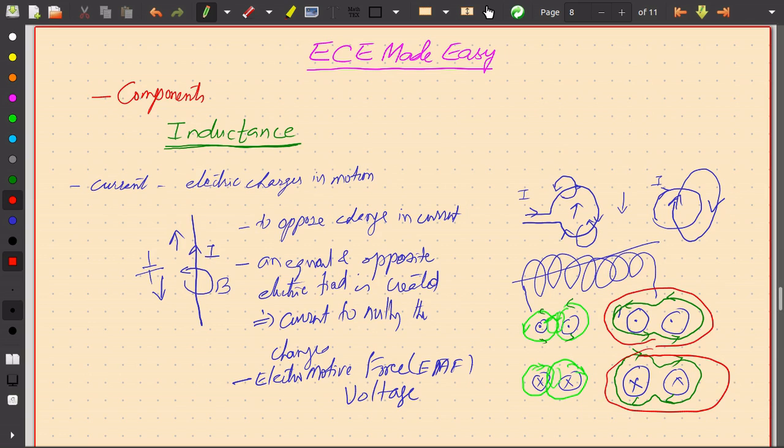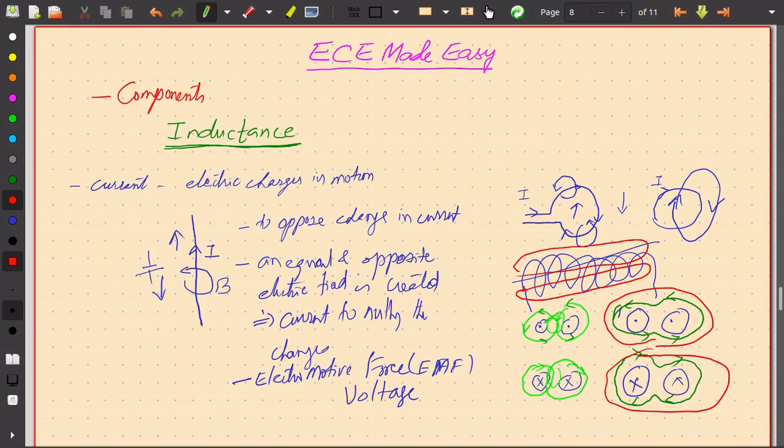With one coil we have 1 unit of magnetic field produced. When we have two coils, 2 turns of it, they add up and the strength increases. In the same way, when you have multiple turns, the strength increases multiple times, and because of which the magnetic field produced will be much stronger.